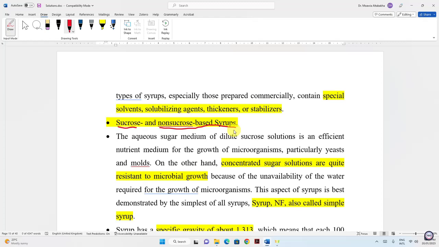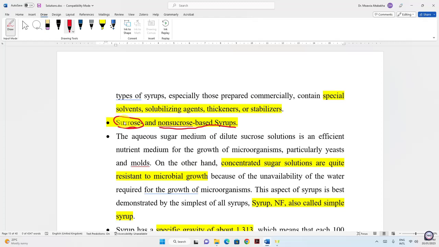Now the problem here is with sucrose, okay, and if it's given to a diabetic patient. So as a pharmacist, important counseling, you check whether your patient is diabetic or not, okay, because you cannot give this patient sucrose based syrup, otherwise this will cause high increase in blood sugar.